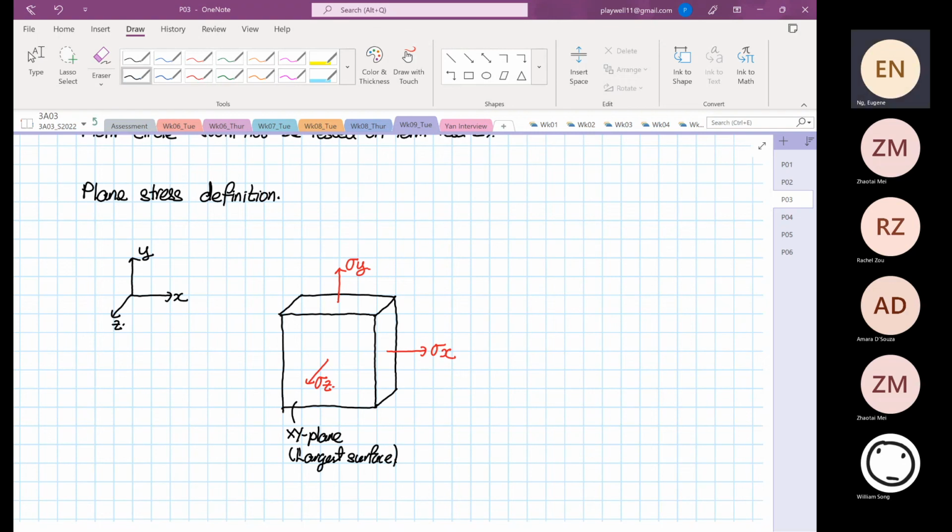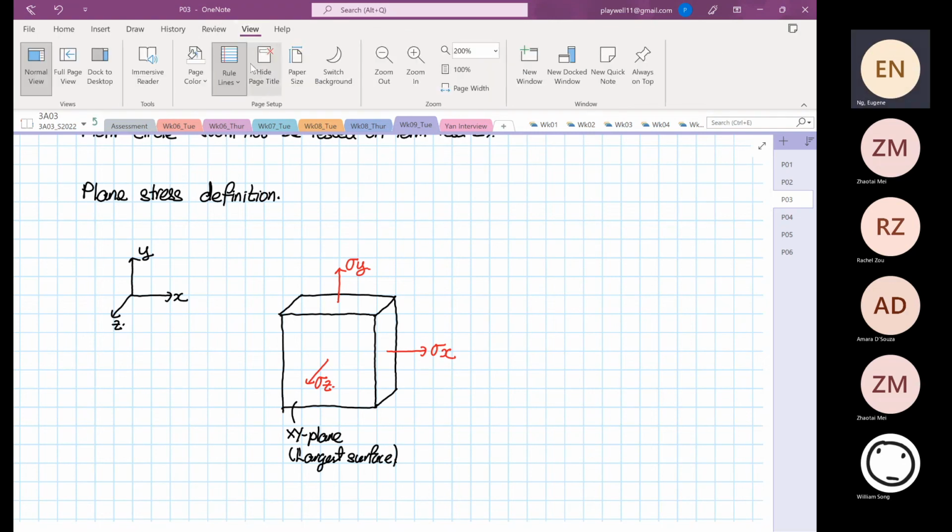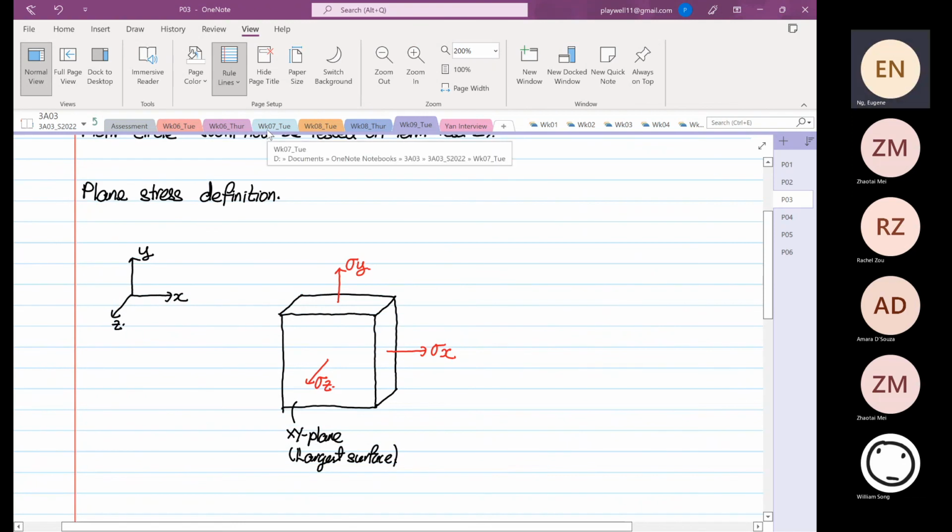As the name implies, the plane stress condition is when stress X and stress Y are not equal to 0, where stress Z is equal to 0.